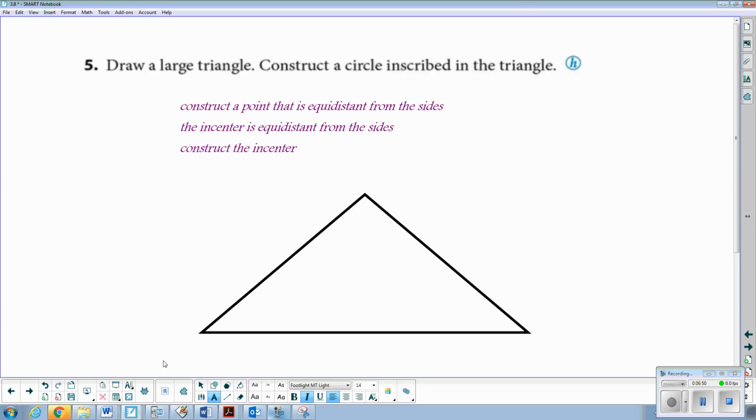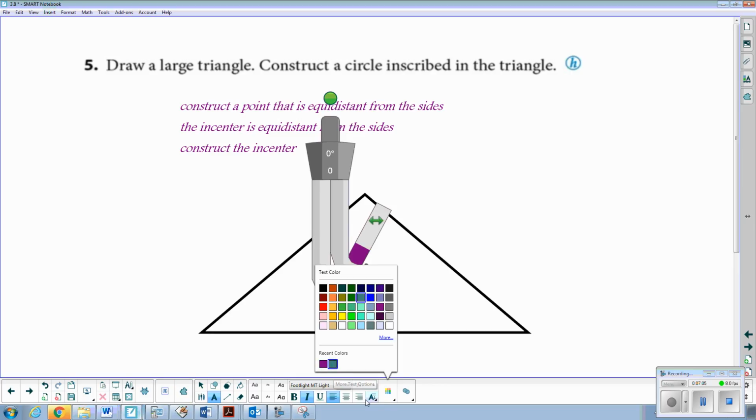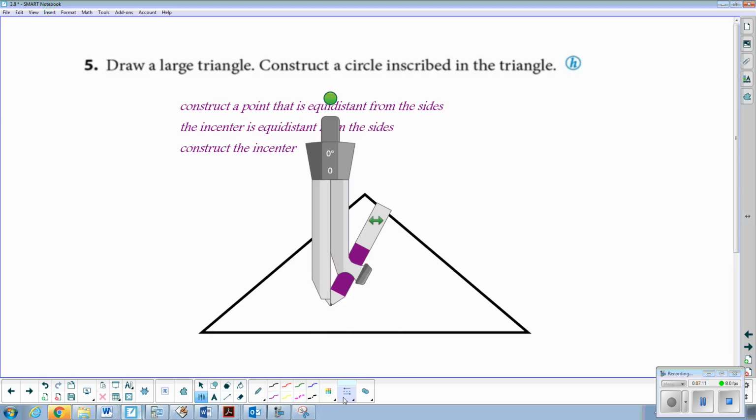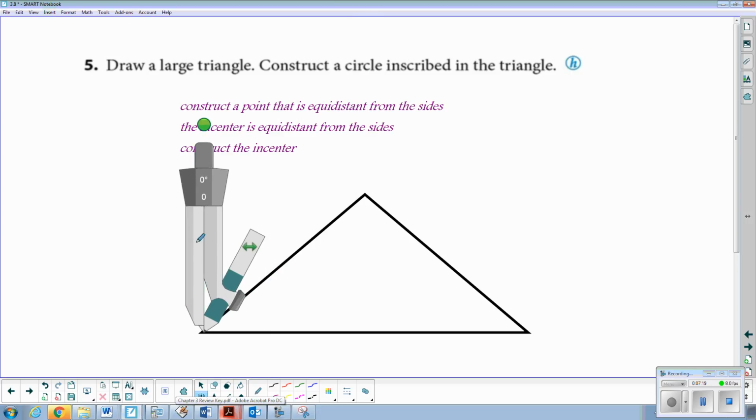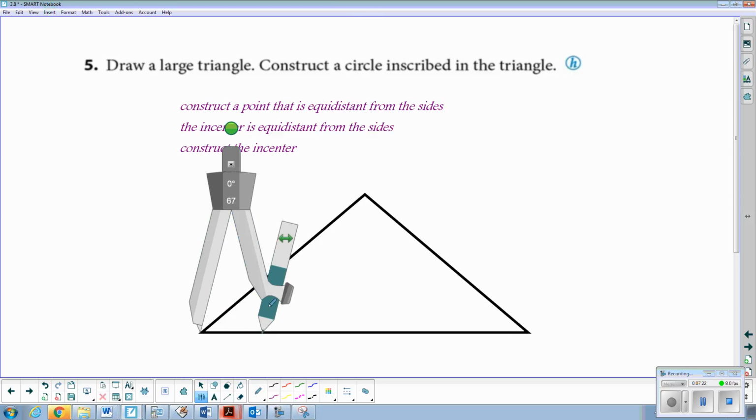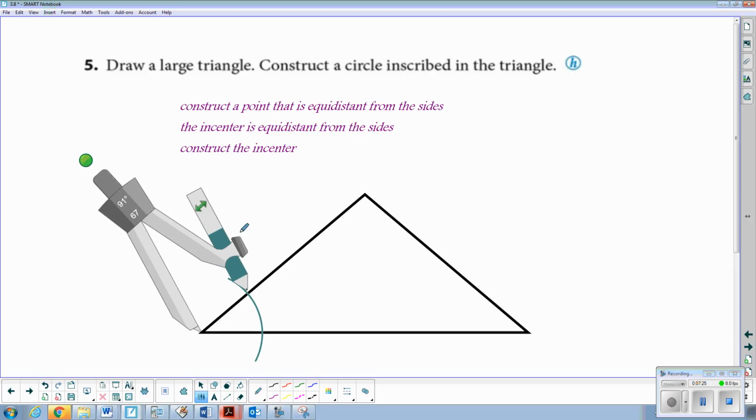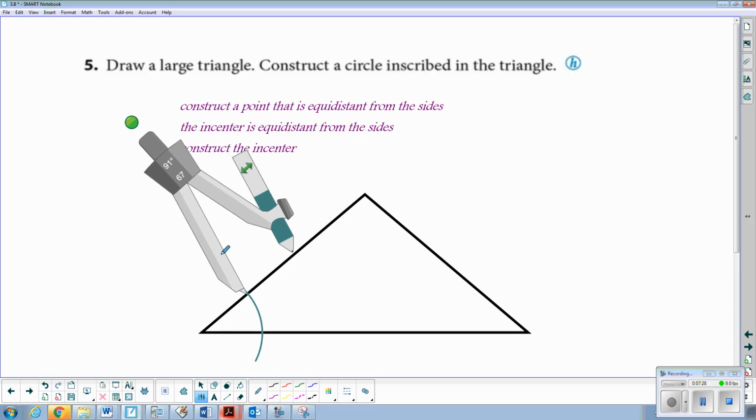Okay, so to construct the in-center, we need our compass, and we're going to construct the 3 angle bisectors of the triangle. So here's our compass. We're going to put it on one of the vertices, and to construct the angle bisector, we're going to draw an arc and find a point that's equidistant from the sides.